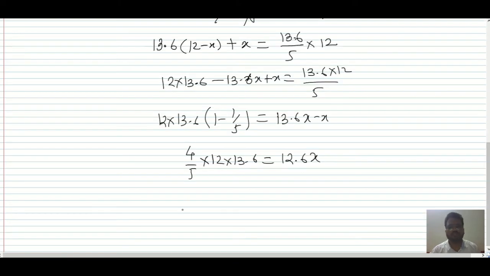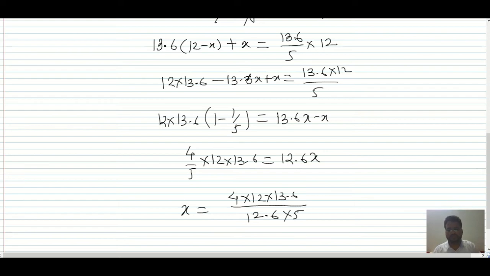So अगर इसको सॉल्व करूँ मैं तो x is equal to मिल जाएगा मुझे 4 into 12 into 13.6 divided by 12.6. तो इसको सॉल्व करते हैं अपन, divided by 5 into 12.6 ना. So 5 is there already over here, so into 5.